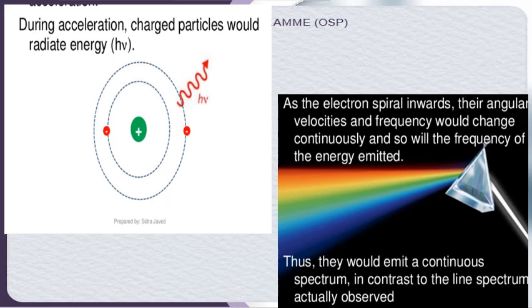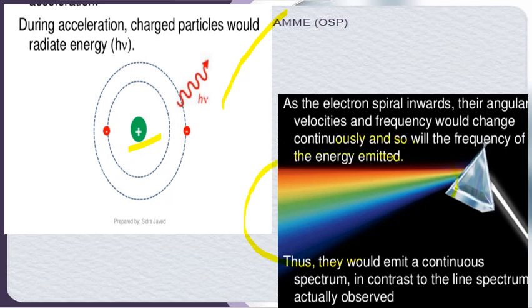Number one, if an electron is continuously moving around the central nucleus, it continuously emits radiations, and in doing so it gradually loses its energy and should finally fall into the center. So the system should collapse, but it never happens that the atom collapses. And in doing so, it should produce a continuous spectrum.